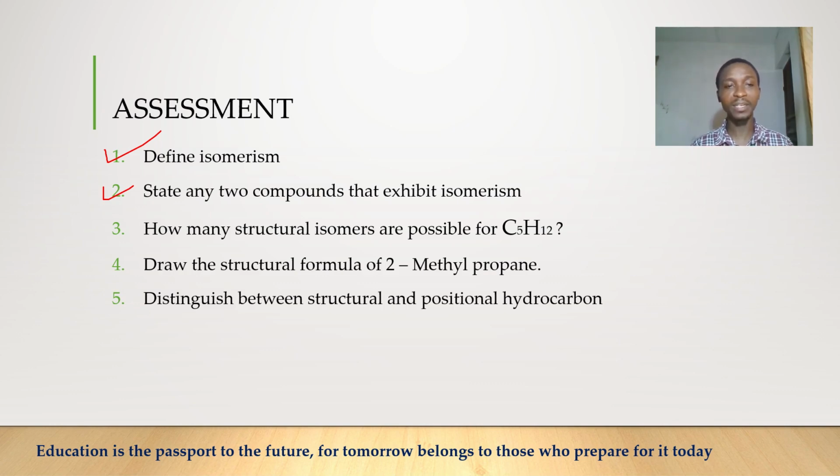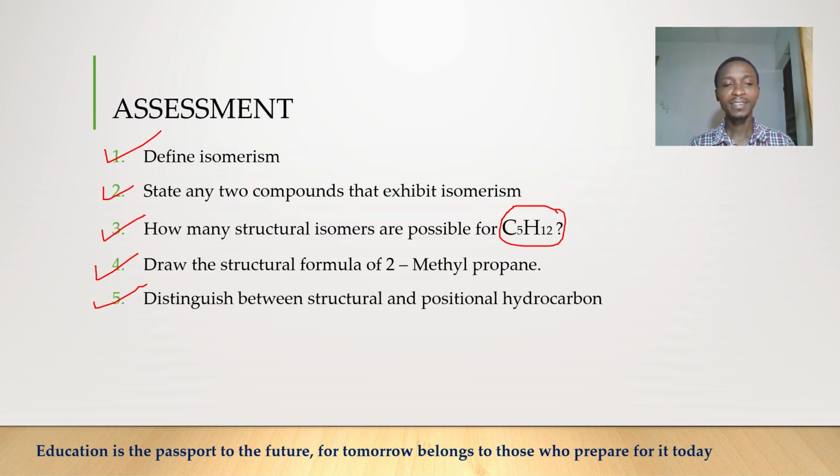That has also been stated earlier. Question 3, how many structural isomers are possible for C5H12? C5H12 is pentane. So how many structural isomers do you think pentane can have? Question 4, draw the structural formula of 2-methylpropane. That has also been discussed during the course of the class. And the final question, distinguish between structural and positional isomerism.